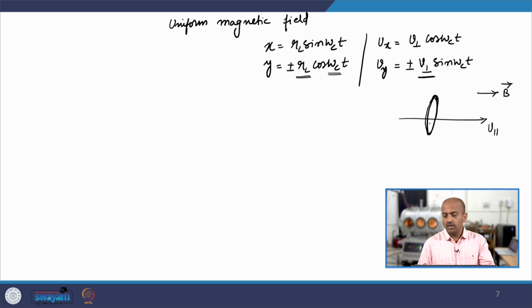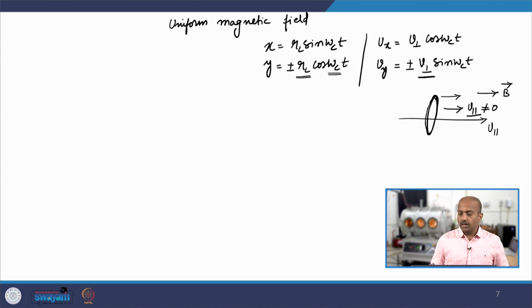It is revolving in a circular motion. If it has a non-zero parallel component of velocity, then the particle will keep moving in this direction and at the same time execute a circular motion. But if it is not there, it will just keep gyrating in a fixed orbit, right.